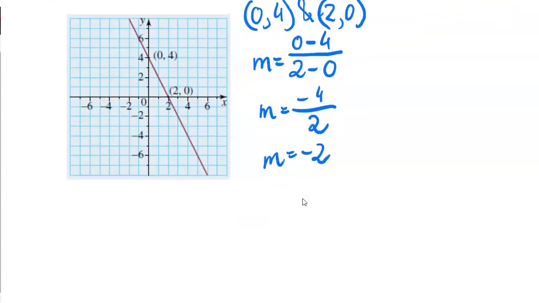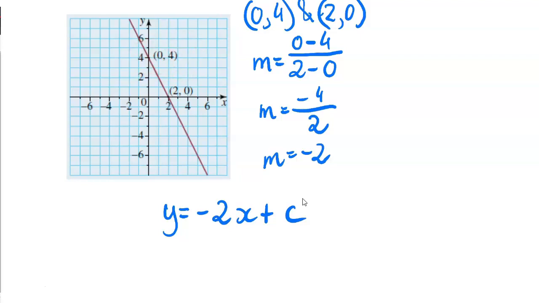Okay, so I've got y equals negative 2x plus c. I might put in the one where x is equal to 0 into here, because that's the y-intercept anyway. Well, actually, that's the y-intercept, isn't it?